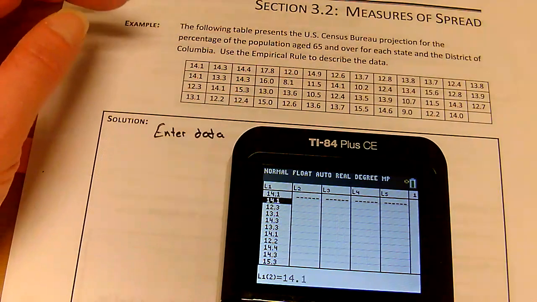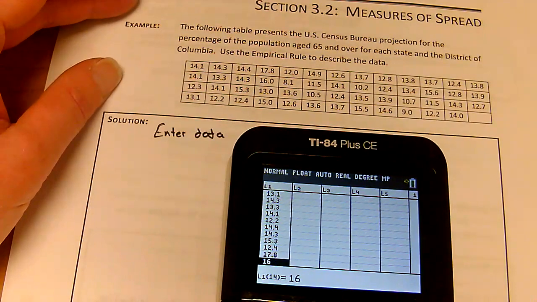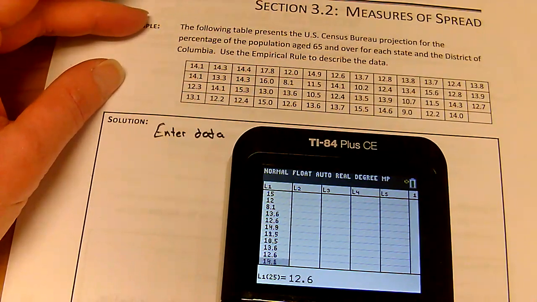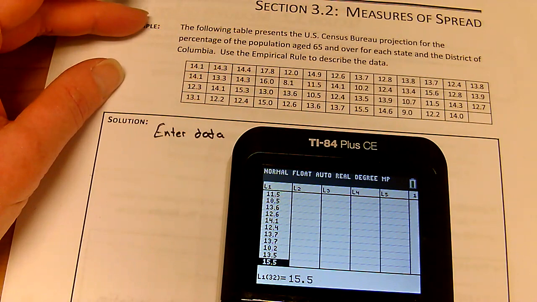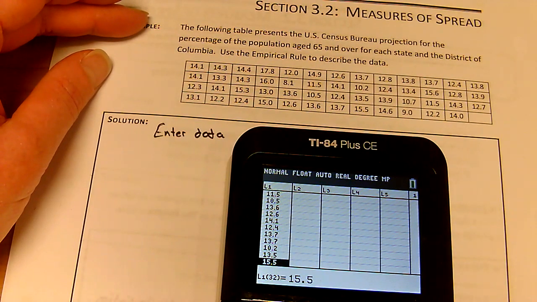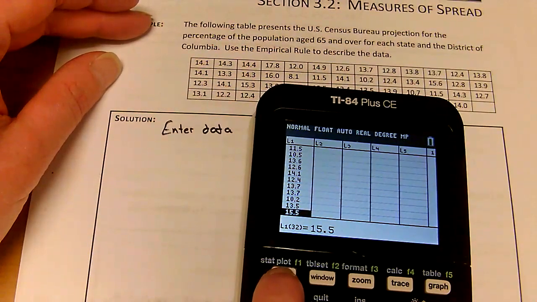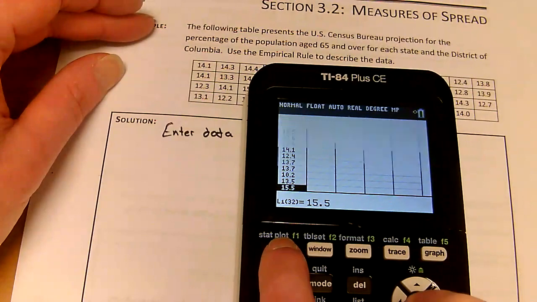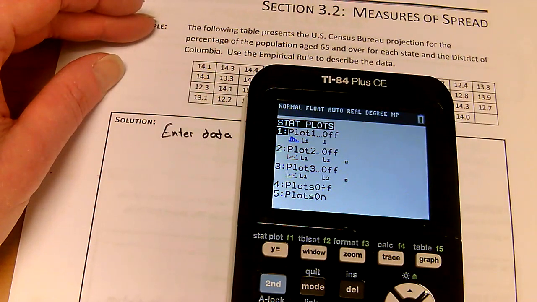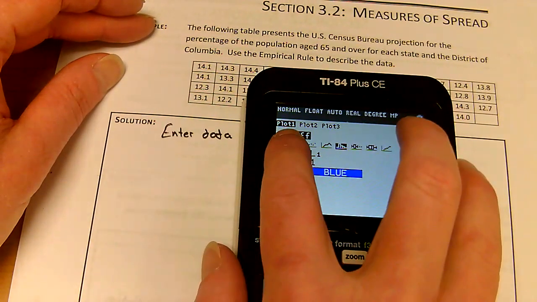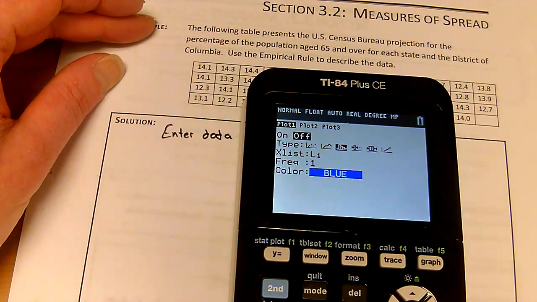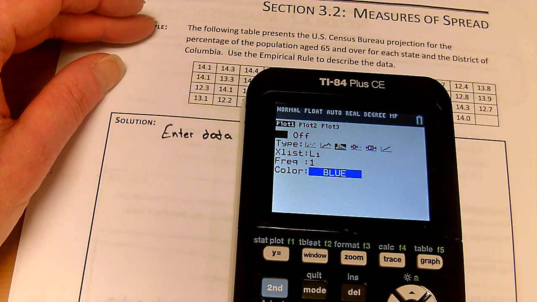Okay, so I've entered all 51 data points into my L1. And so I want to look at the histogram for that. To look at the histogram, that's a stat plot. It's a statistics plot. So I'm going to press second y equals. And notice how that plot one is highlighted. I'm in there and I want to turn it on.